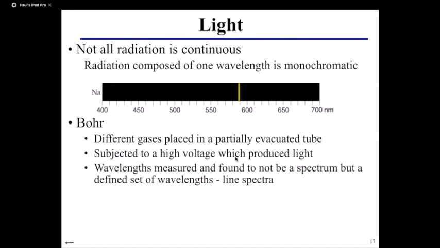Okay? Now, sodium has 11 electrons. I can excite any of those electrons, and they can go up into higher energies, and then they can come back down. And if you have lots of them, if they were randomly distributed, then I would take an electron and kick it up, and it comes back down, kick it up, coming back down, but I'd start at different places, I'd go higher in different places, and I would expect that the transitions would represent every single transition between energies that I could ever possibly have.